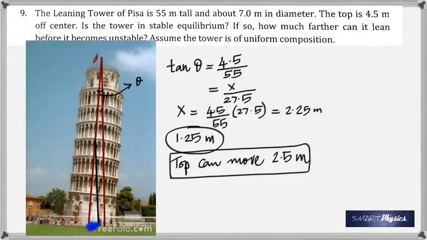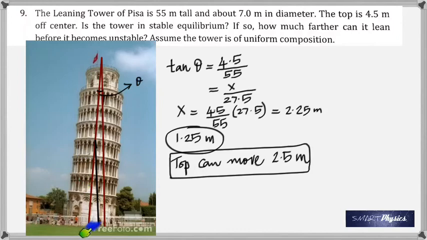See, because it says the top is already 4.5 meter off the center. Remember, I've drawn this line from the top. So you see this line is 4.5 meters off the center. So that's 4.5 divided by 55, should be equal to x divided by 27.5. I hope that's clear.